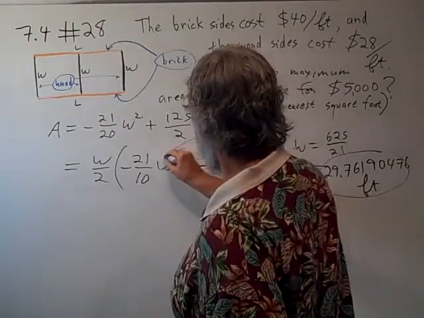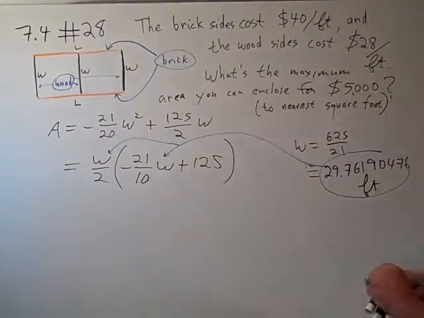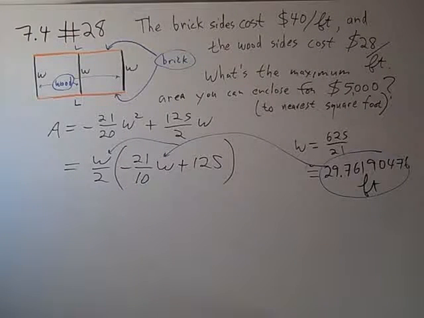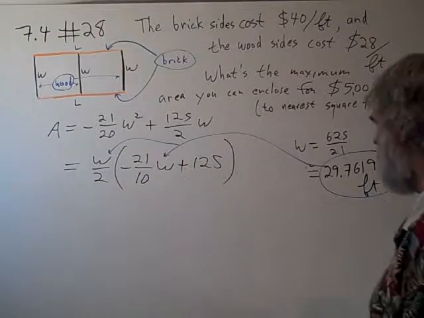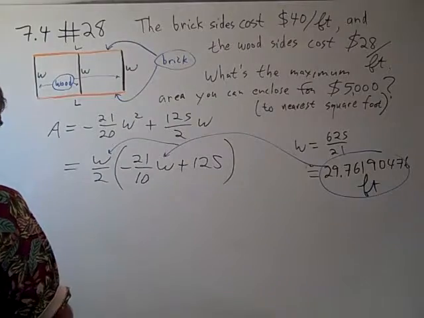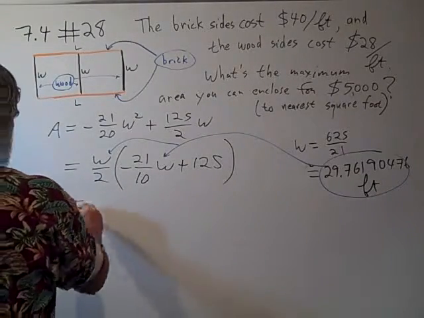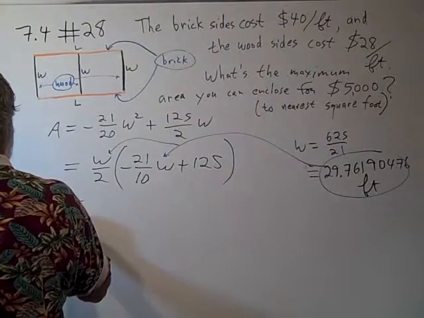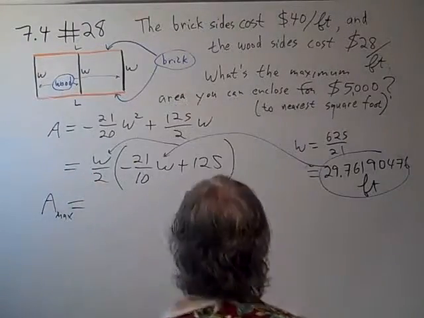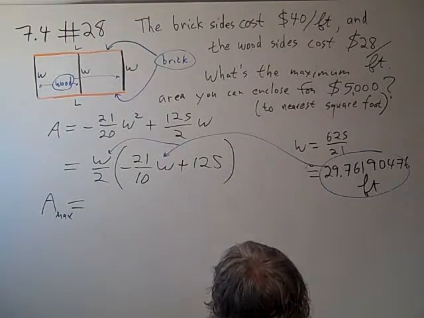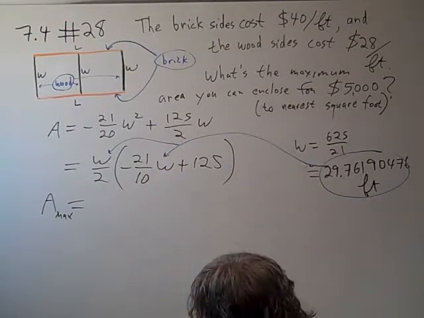So we're plugging this in for W into the equation. And I'm going to store it, it helps if you store it in your calculator. Here we go. So the maximum area we get by taking this value of W and multiplying it times 21 and dividing that by 10.